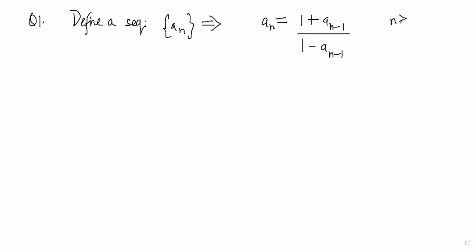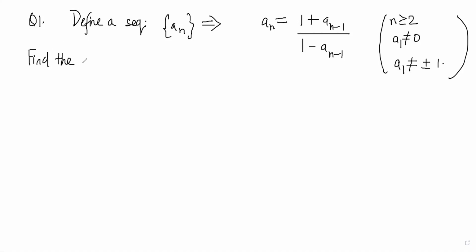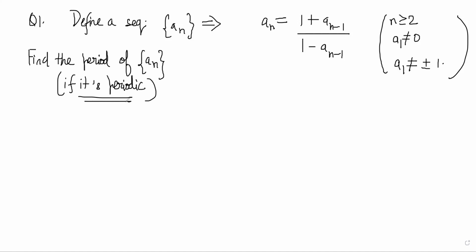This is true for n greater than or equal to 2 and a_1 is not equal to 0 and a_1 is also not equal to plus or minus 1. These are the conditions that are imposed. We have to find the period of a_n of this sequence. If it is periodic, it is not necessary that a_n is a periodic sequence, but if it is periodic, we have to find the period of a_n, right?